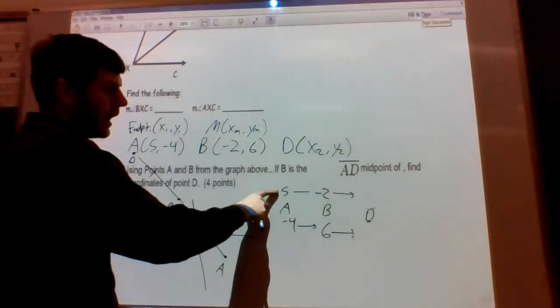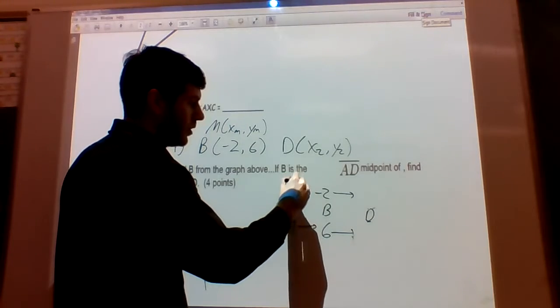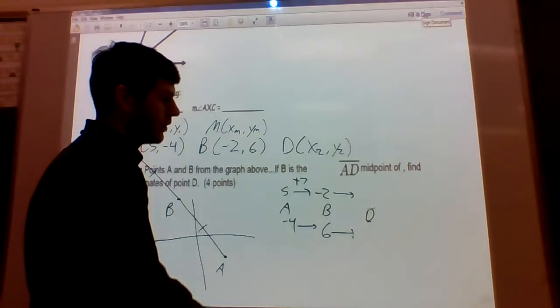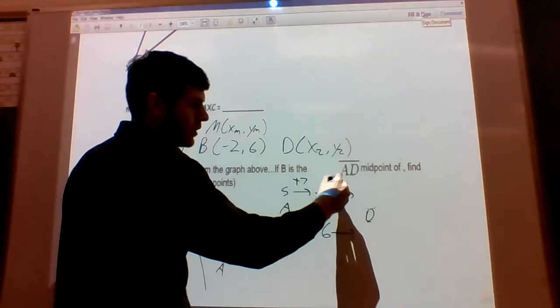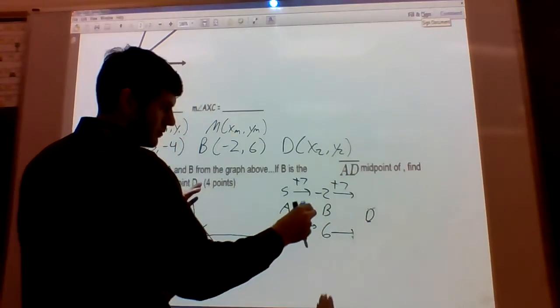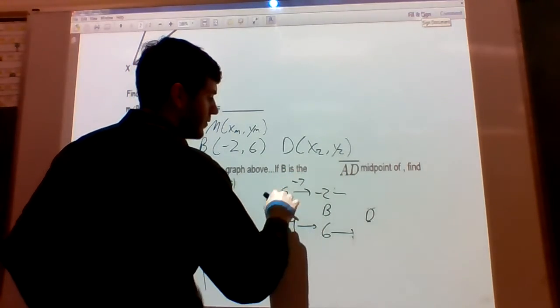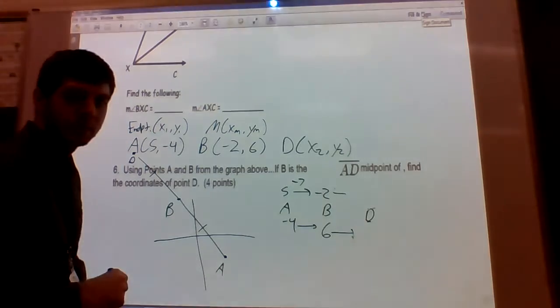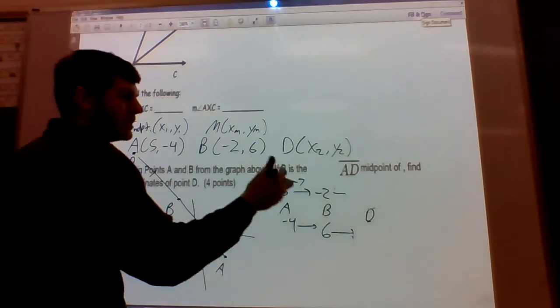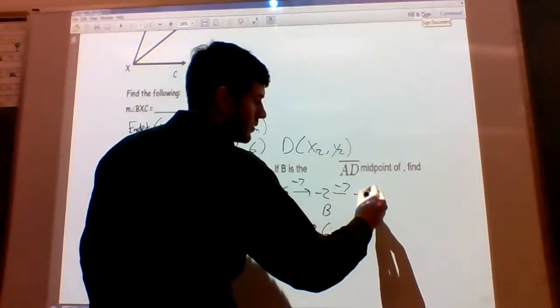How far is it from 5 to -2? We have to go down 7, right? 5 minus 7 is -2. How far do we have to go from B to D? We have to go down 7 again, to -9.